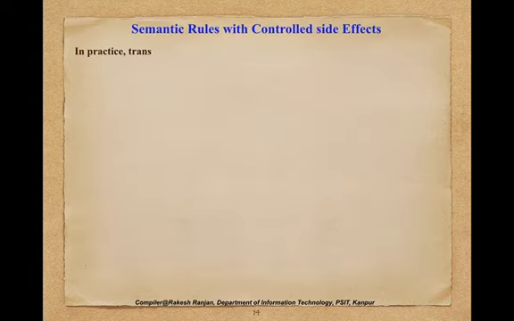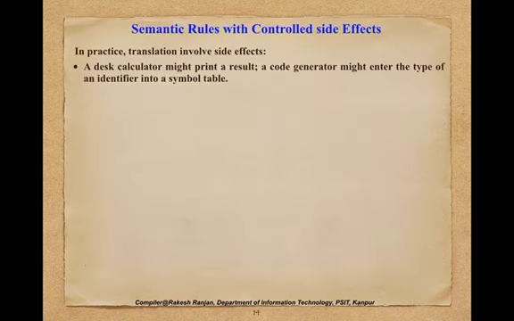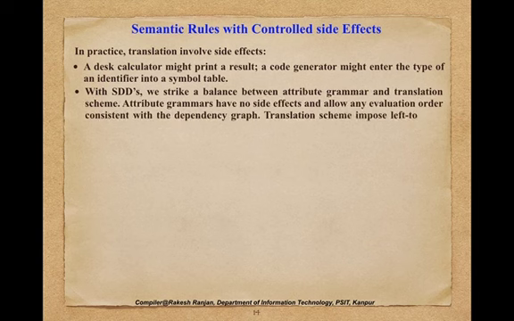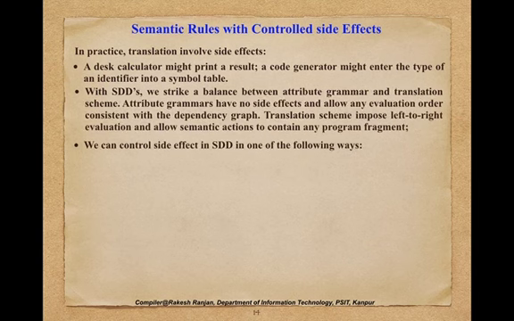Semantic rules with controlled side effects. In practice, translation involves side effects. A desk calculator might print a result. The code generator might enter the type of an identifier into the symbol table. The SDT strikes a balance between attribute grammar and translation scheme.